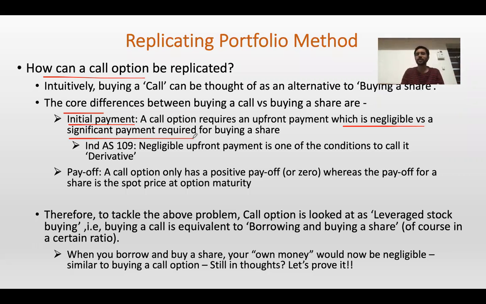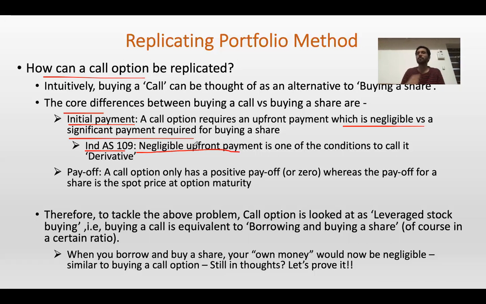Diverting exactly for a minute, Ind AS 109, which is part of your financial reporting, or IFRS 9, one of the conditions it imposes for calling something a derivative, and it gives you three conditions. One is it should derive its value from an underlying variable. That is fine. The second condition that Ind AS 109 imposes is there must be negligible upfront payment to call it a derivative.